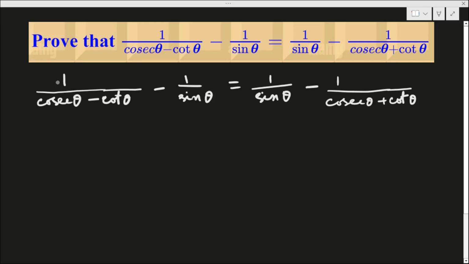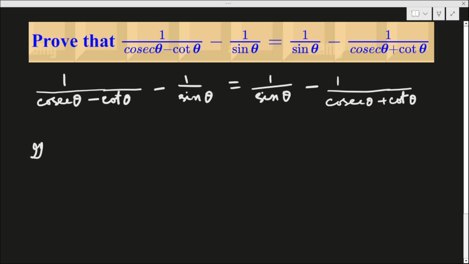That means we will consider the first term of the left hand side and the second term of the right hand side, and prove that the second term of the left hand side plus the first term of the right hand side, so we may be able to prove the first term of left hand side plus the second term of right hand side.